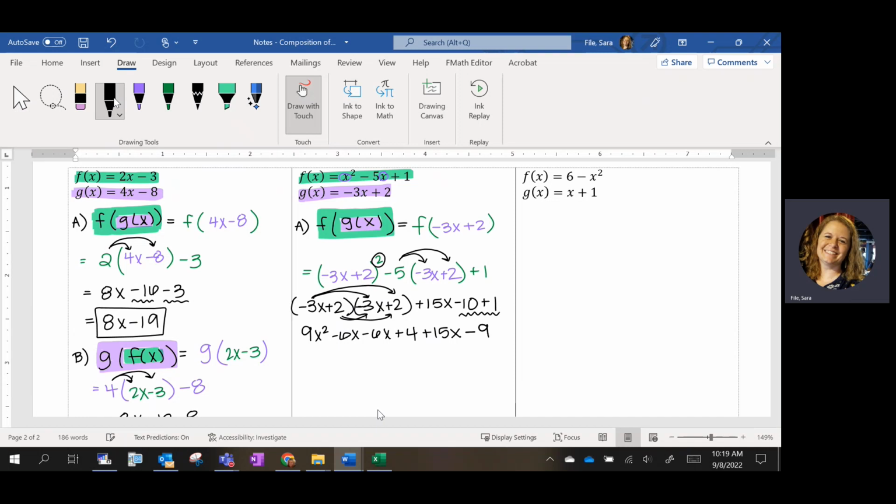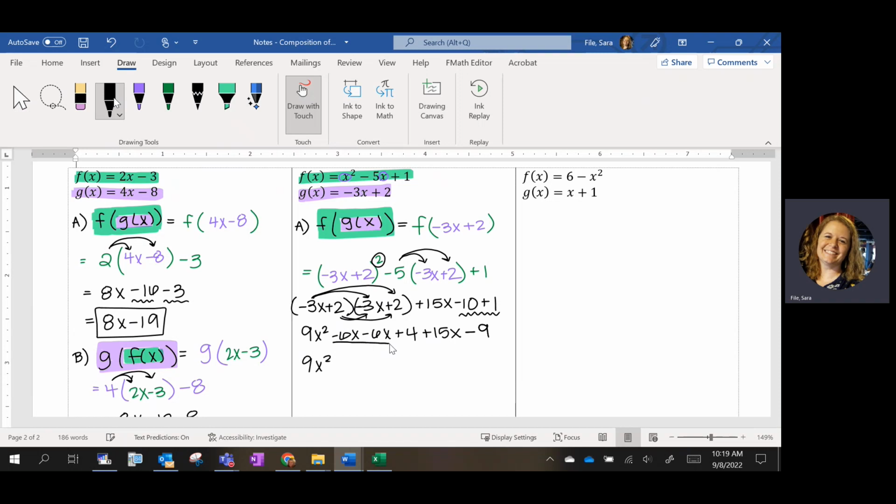Okay, is there more simplifying I can still do? What can be combined? What can be simplified? Is there another x squared term? No, so that's going to stay 9x squared. Yeah, I can combine these 6x's.